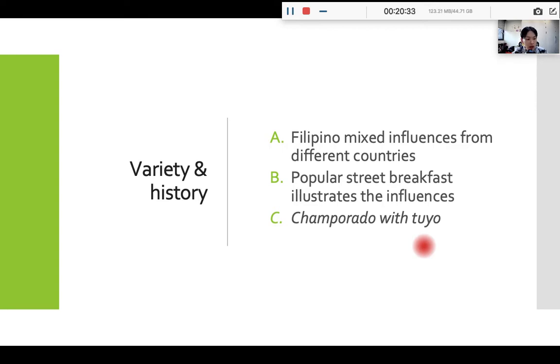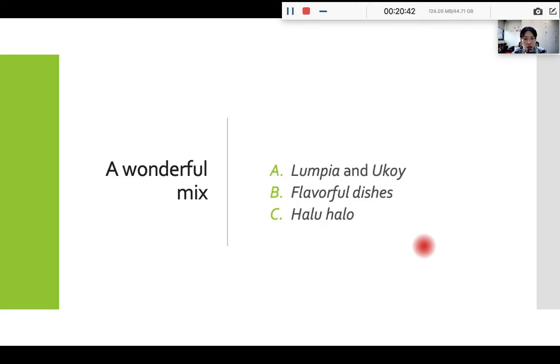So the second body paragraph also illustrates the variety in Filipino cuisine, and we see more examples. For example, lumpia is also of the Chinese influence, a dish that is similar to the spring roll in Chinese cuisine. And yukoi, okay, what is yukoi?